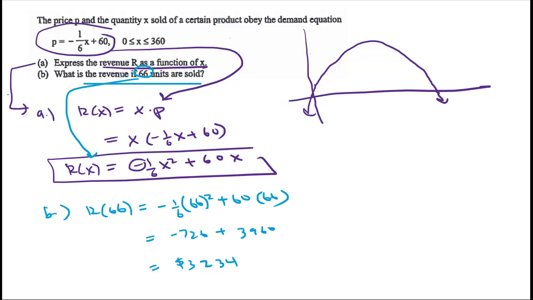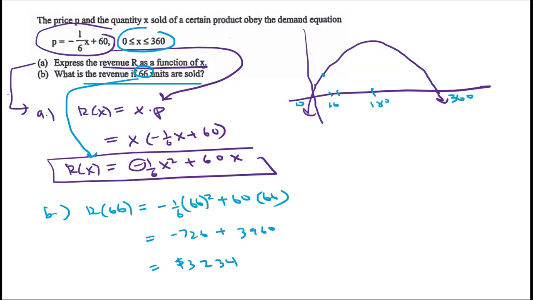In this case, if we were looking at our graph, this is from 0 to 360. So here's 0, 360 is out here, and we're looking at 66. 180 is in the middle. I'm sorry, 90 is in the middle here. So a little bit lower, about right here, 66.